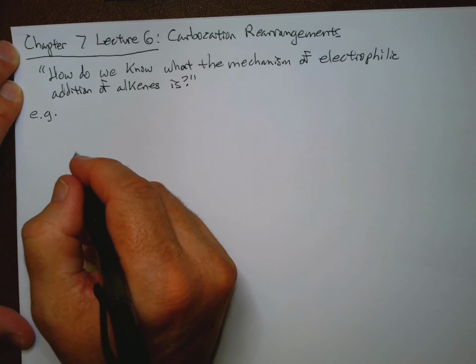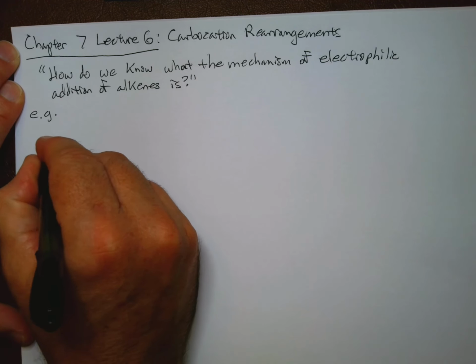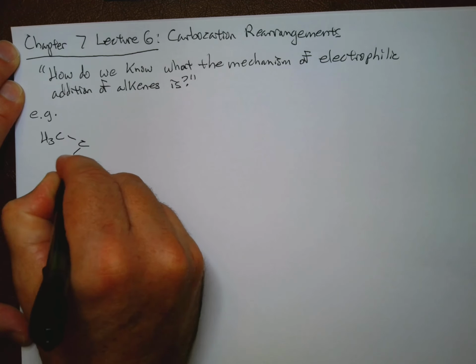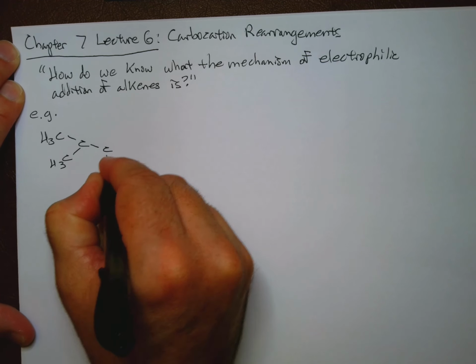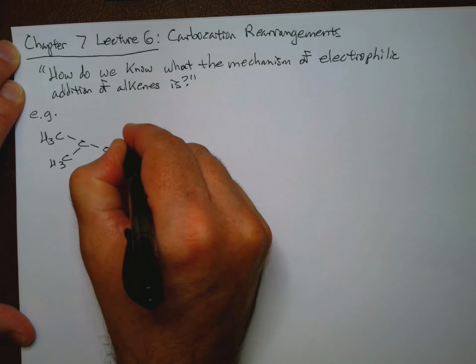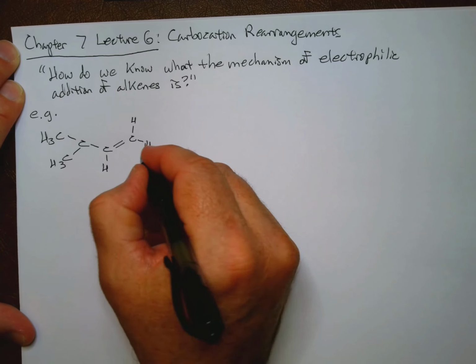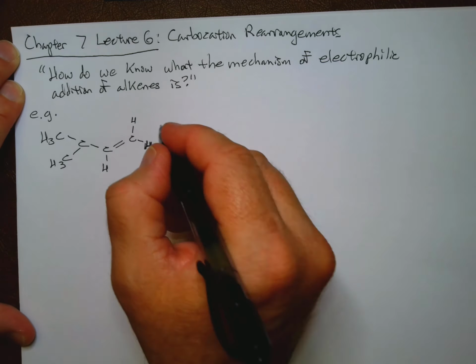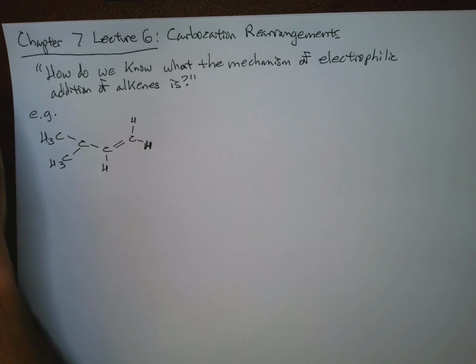So we can do the following reaction. So let's look at, here's 3-methyl-1-butene, and actually I'm missing a hydrogen here.